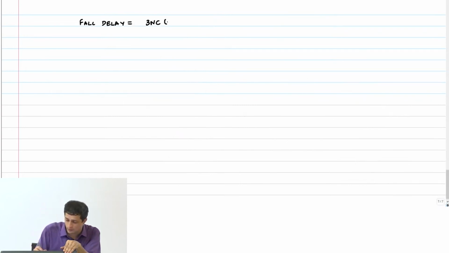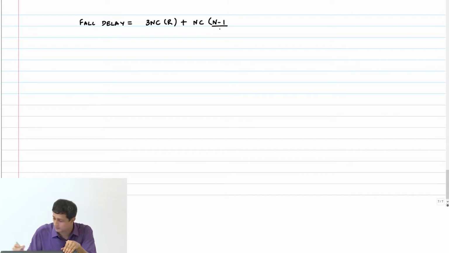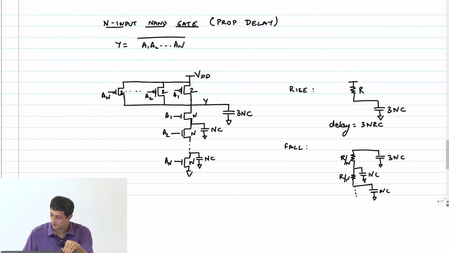3NC into R, plus NC into N minus 1 by... no, I have R by N and I have N minus 1 of them, right?